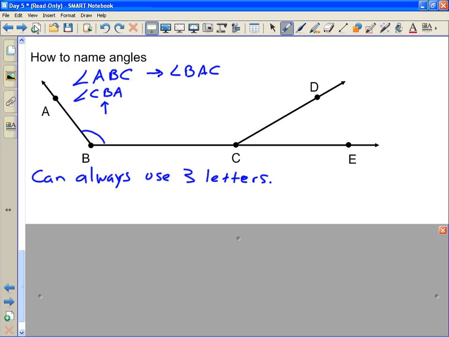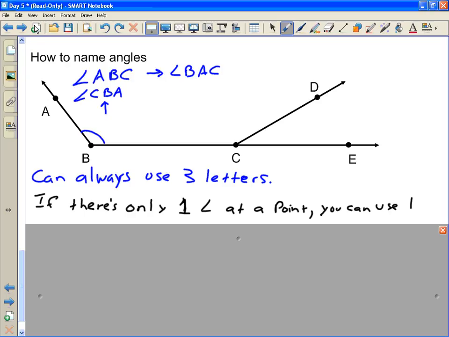Okay, now, sometimes you can use 1 letter to describe an angle. If there's only 1 angle at a point, you can use 1 letter.